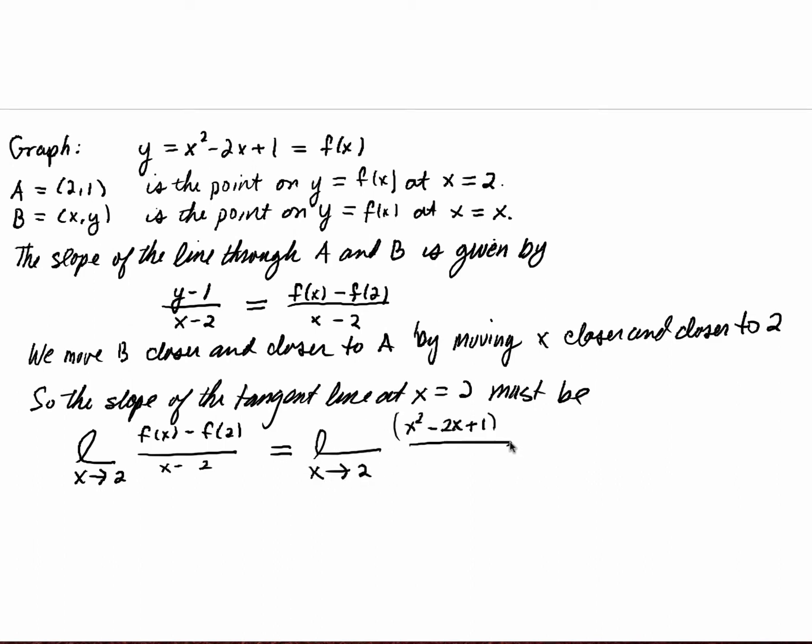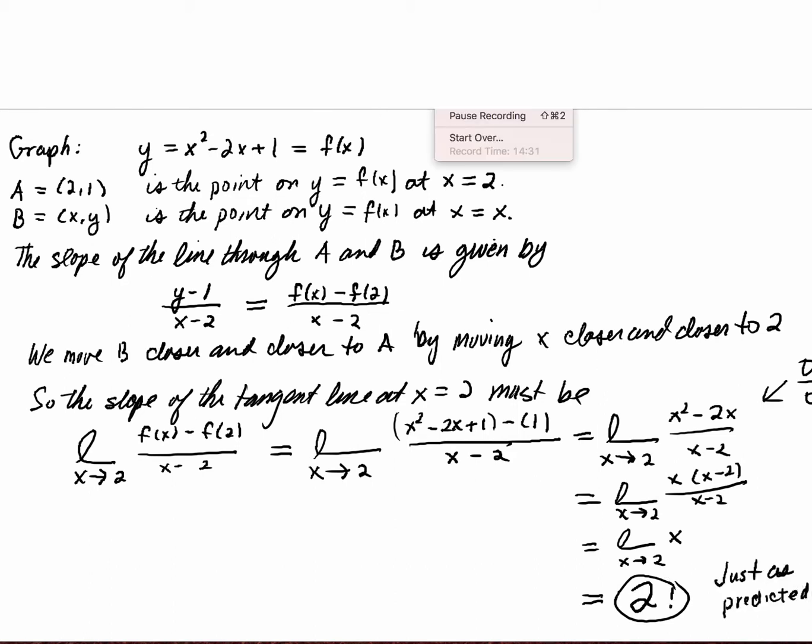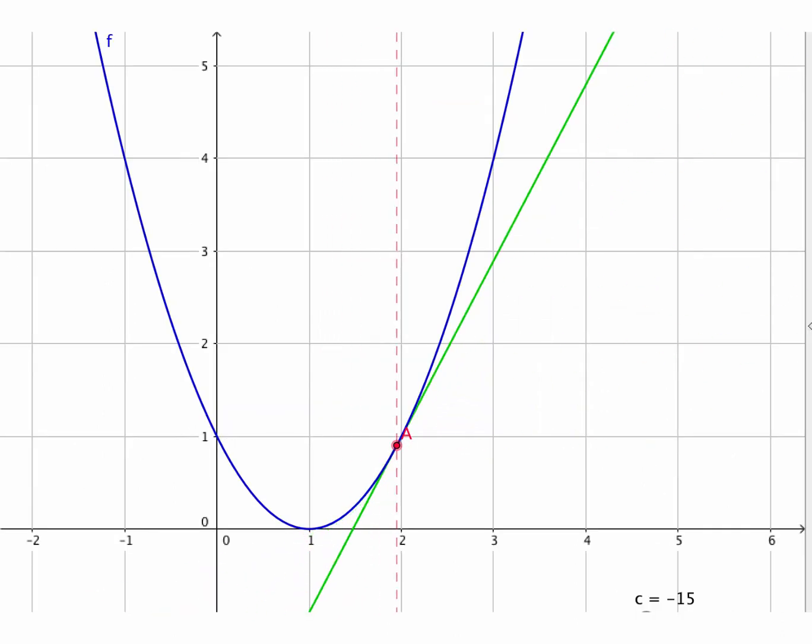And I can plug in now for the f of x and start to simplify. Plugging in 2 into our formula gives us the expected 0 over 0, so we have to do what it takes to simplify that. Now, when we plug in 2, we see that our limit value is 2, just as we had worked out before by looking at the graph.